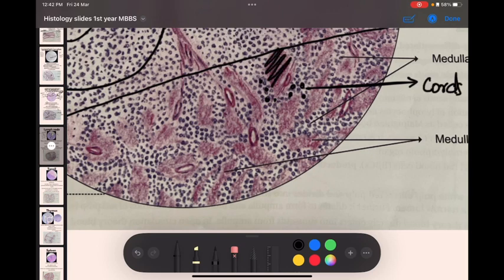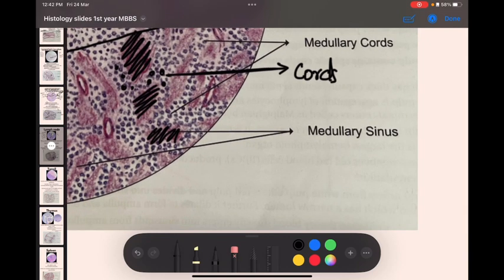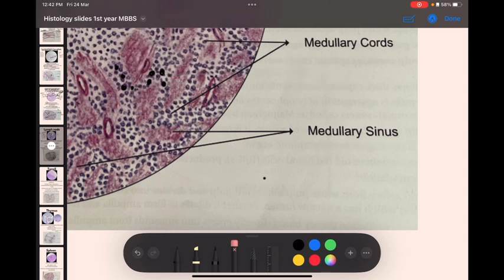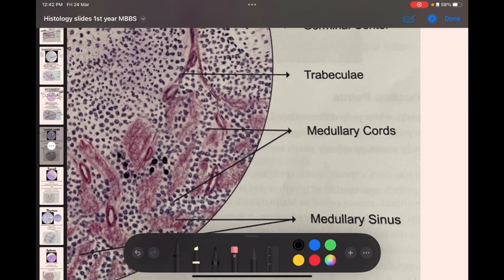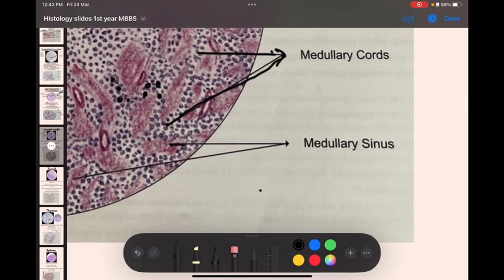And this part is called the medullary sinus. The medullary cords and the medullary sinus. Let's see the labelings. This is the medullary cord and this is the medullary sinus.